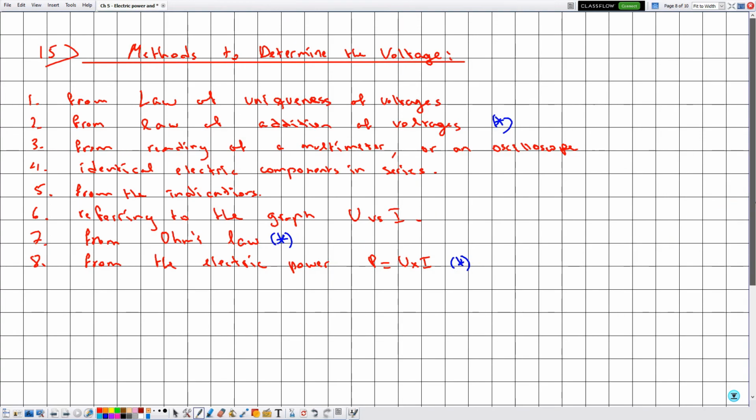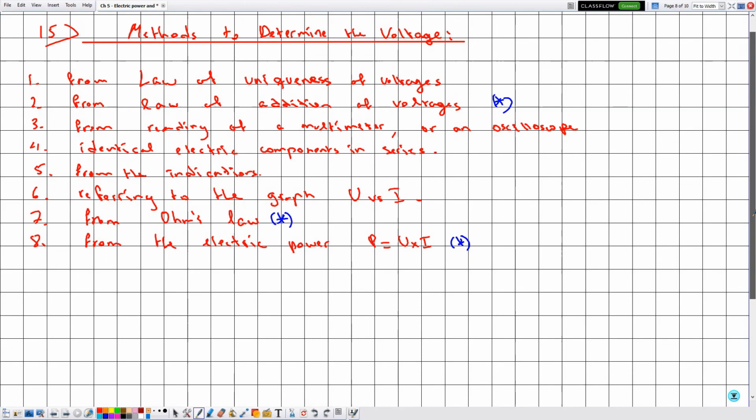And now let me write something similar for methods to determine the electric current.